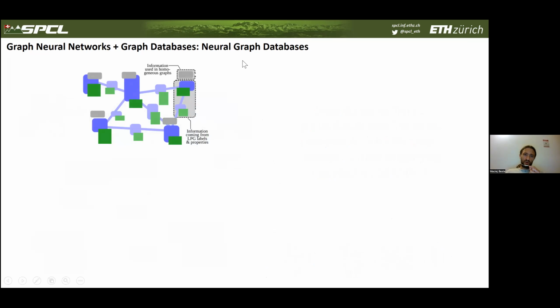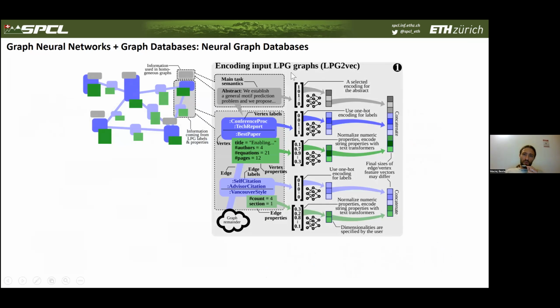Here we can see again our LPG graph with the labels, with the properties, and what we are doing in LPG2VEC is something very simple. We are encoding different types of these labels and properties into input feature vectors, right? So for example, if we have a paper network with abstracts, we are using a transformer to encode it, or something as simple as one-hot encoding, to some feature vector.